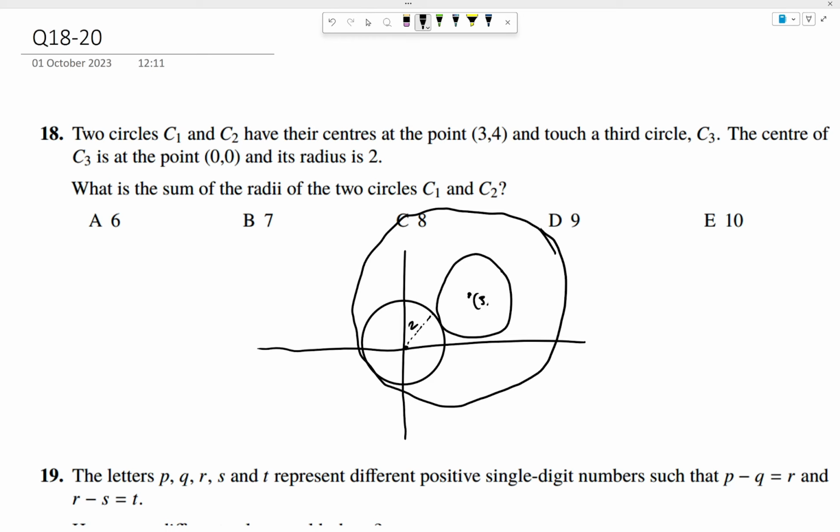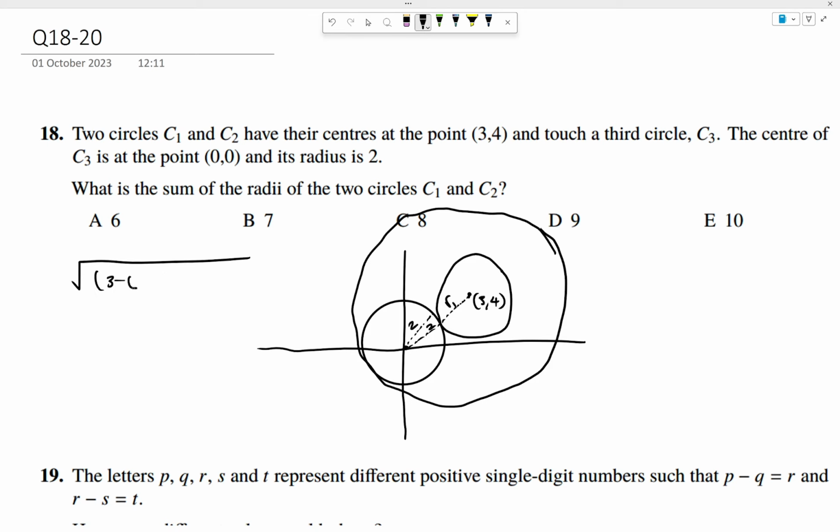And this coordinate is 3, 4. So it's asking for the sum of the radii of circles C1 and C2. So the radius of C1 is equal to, if I call that radius R1, then this length is 2 because it's the radius of C3. And the distance between the center of the circle and the origin you can find using Pythagoras.